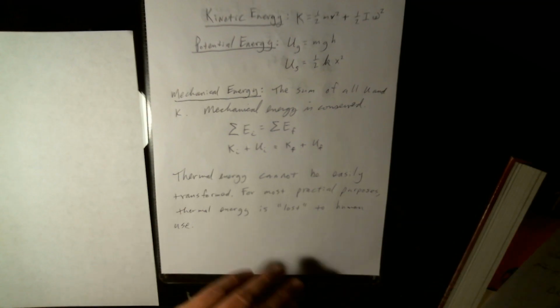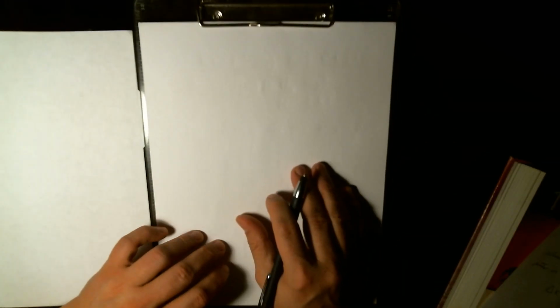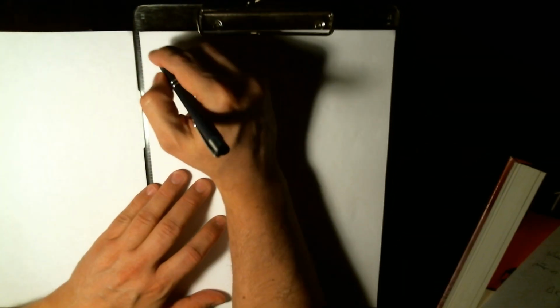Here's another little piece of review I want to do with you. I'm going to get this sheet of paper out of the way. Last year we learned the Work-Energy Theorem.